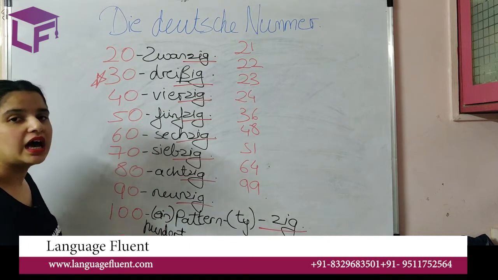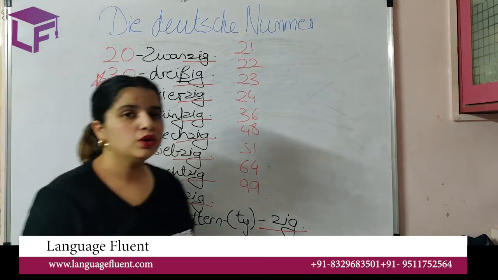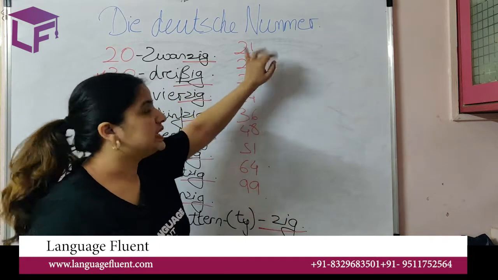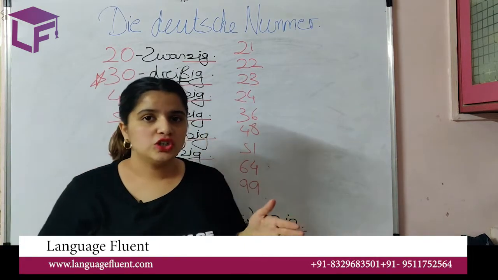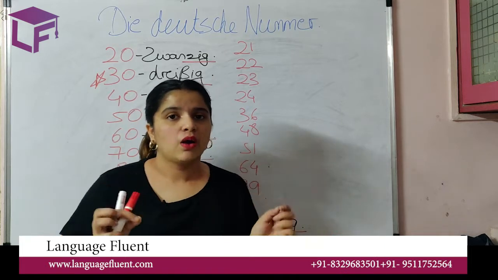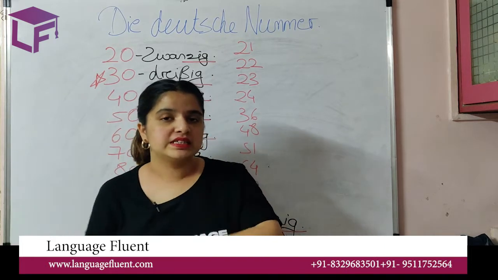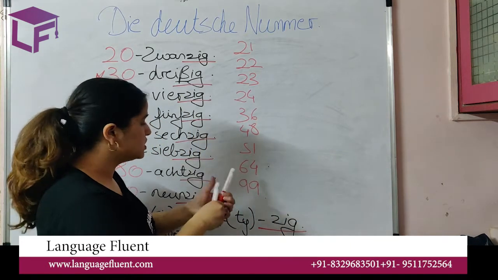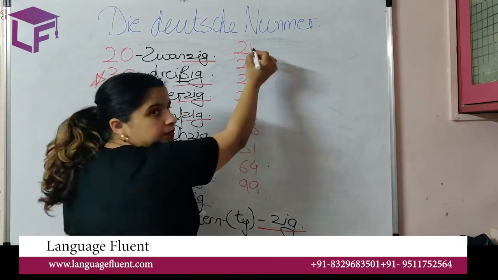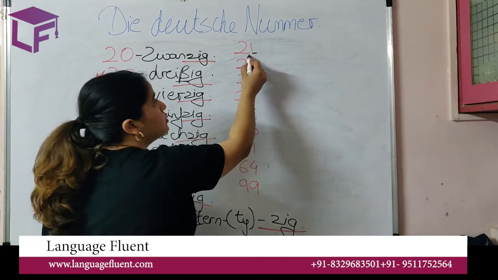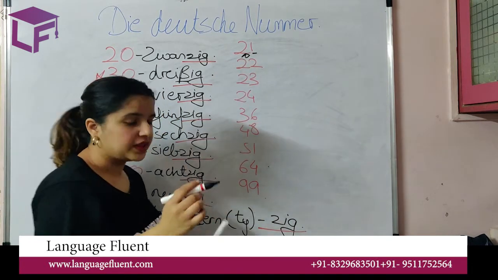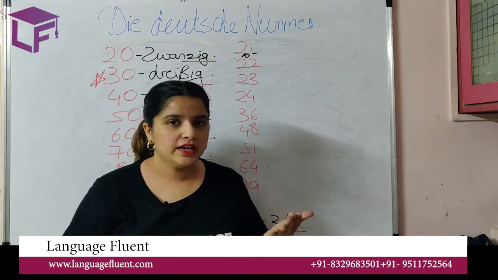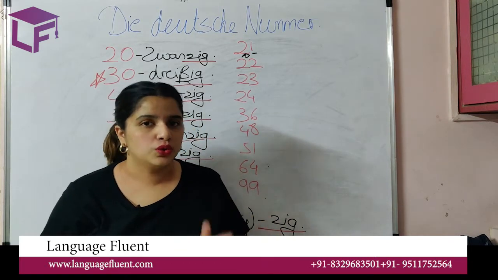100 oder 100. Now coming to the small numbers. So 21. In English we say 21. In German it's the exact opposite. We will first use 1 and then we will use the 20. We only have to add one extra word, that is and, which in German is und.